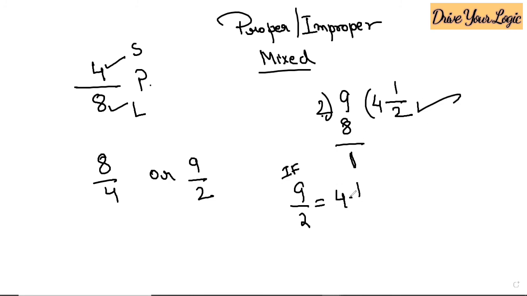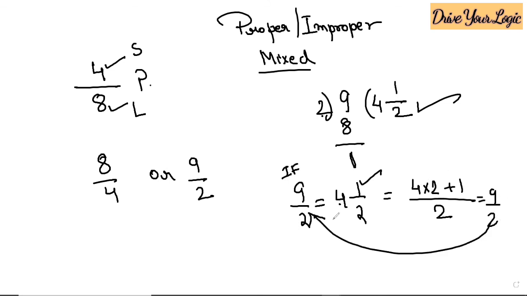So your answer is 4 1 by 2. Clear? And if you want to convert mixed fraction to improper fraction, what do we have to do? The same number, 4 into 2, you write down 4 into 2 in this way and add this top one. So 4 into 2 is 8, 8 plus 1 is 9, that is 9 by 2. So we got the same thing.